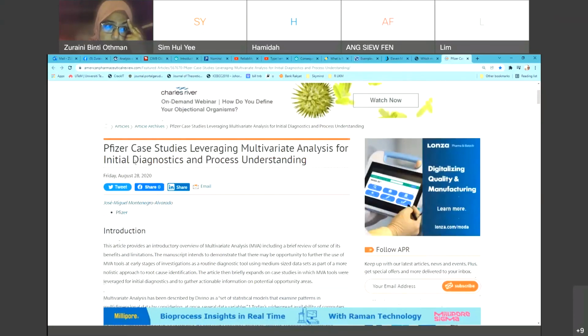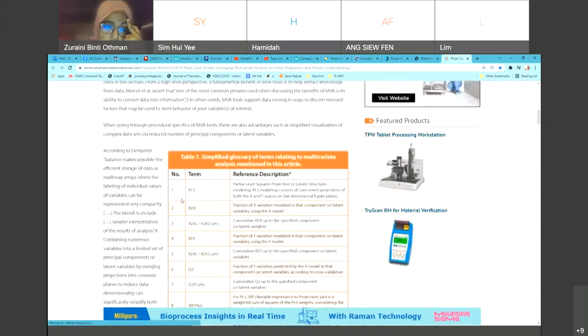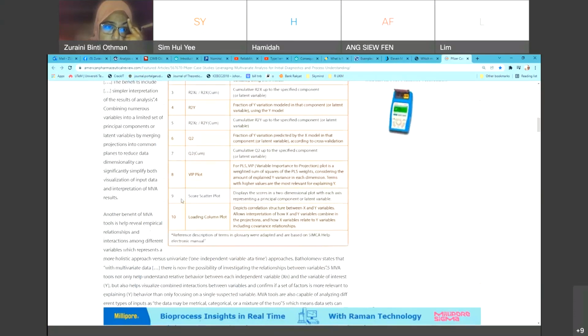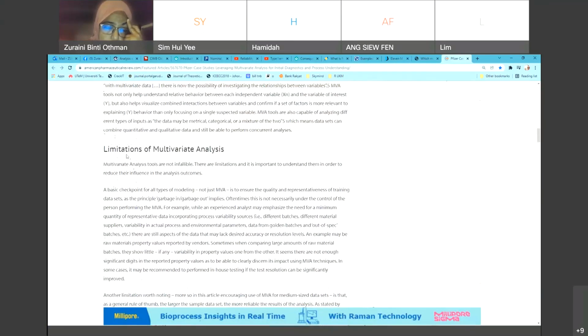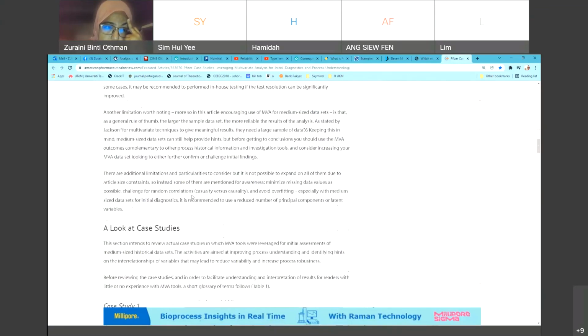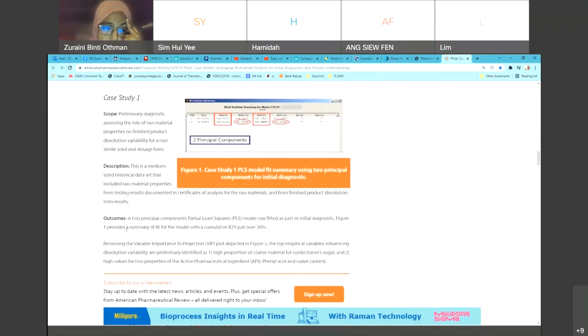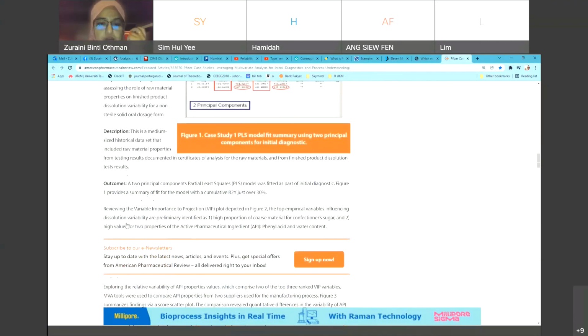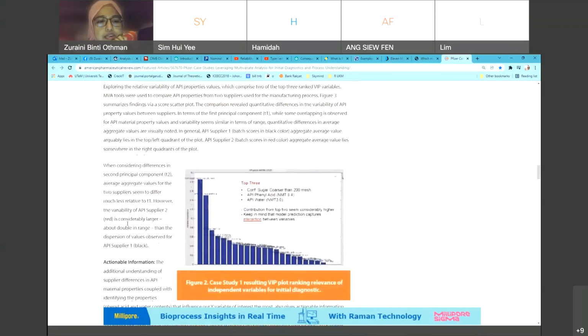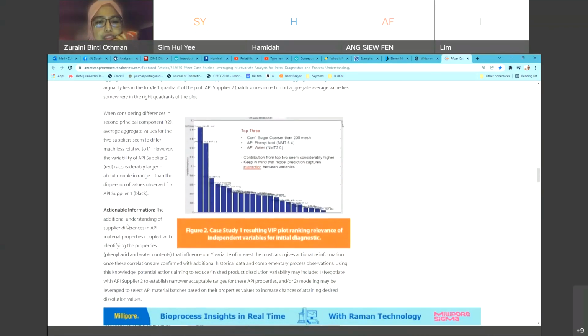Okay, the initial diagnostic and process understanding. Go through this, what they do, and this is the limitation of multivariate analysis, and look at a case study. Okay, first case study. This is the scope and description and what the outcome is. You may see a lot of examples of using multivariate analysis in research.